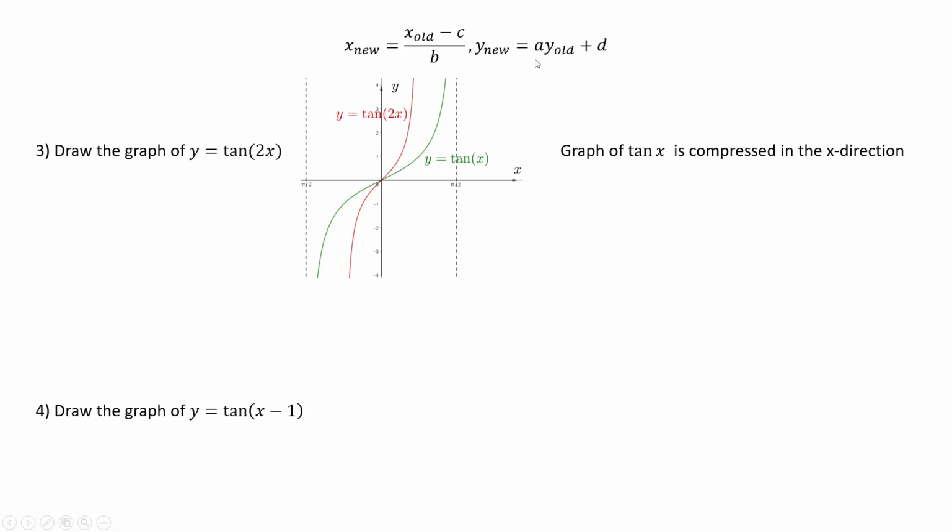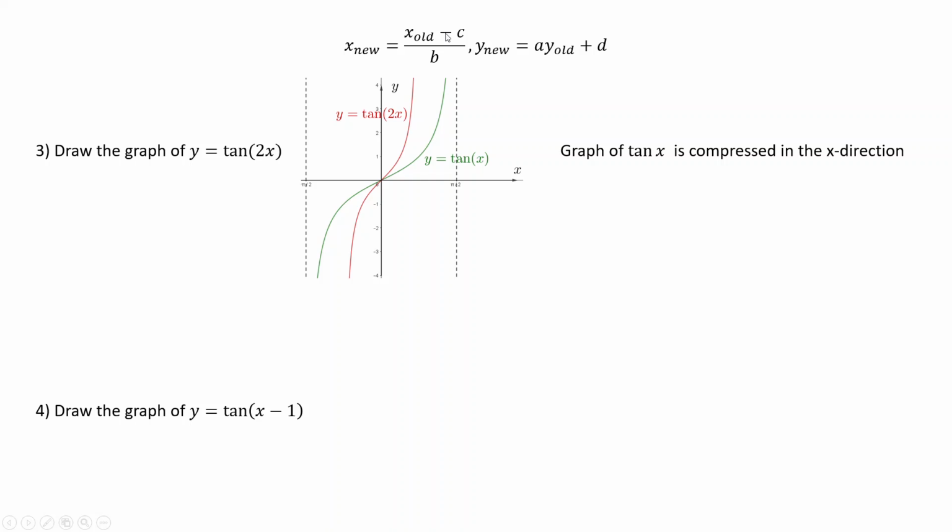Again, a is 1, d is 0, so y new would be y old. And b is 1, c is negative 1. b is 1, so we are dividing by 1.